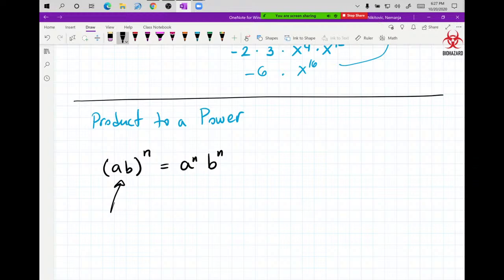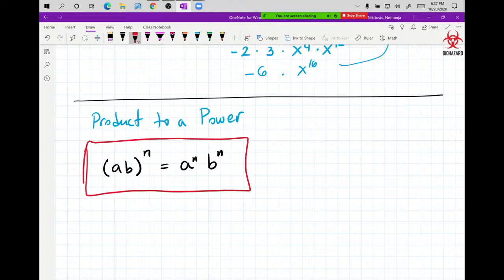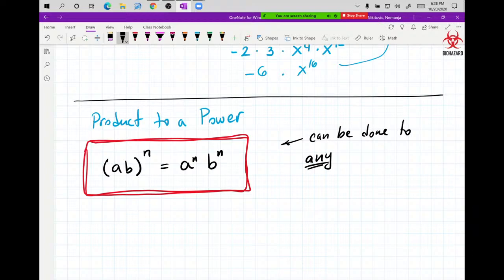So it's wrong to say distribute, but everyone does say it, so whatever. And you can do this to more terms than two, right? It can be done to any number of, not terms, factors.